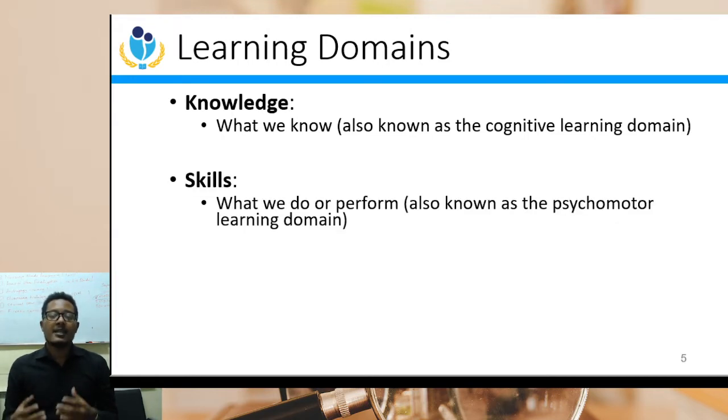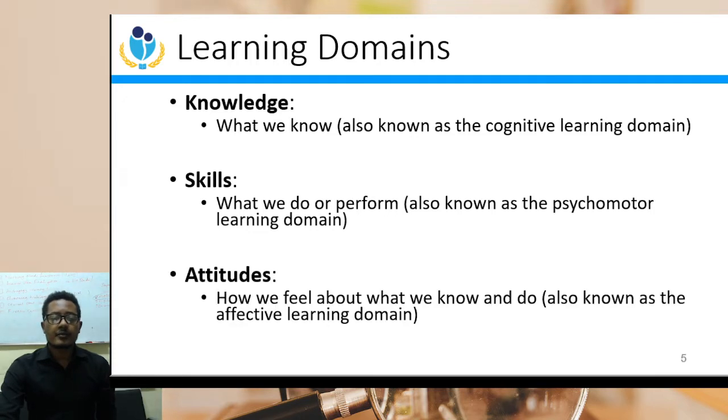The second is skill, or what we do or what we perform. This is also known as the psychomotor learning domain. The third is attitude. The attitude domain explains how we feel about what we know, the knowledge, and what we do, the skill component.